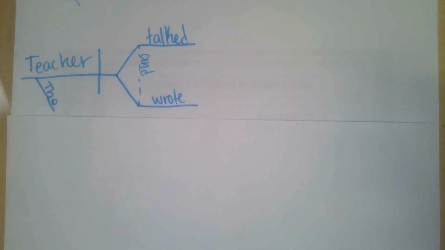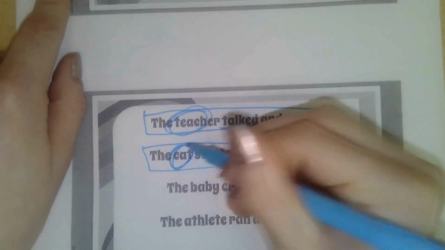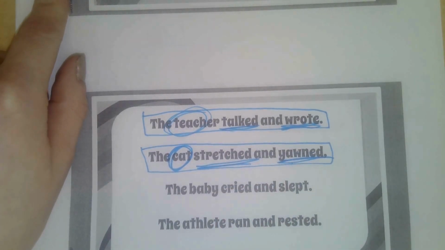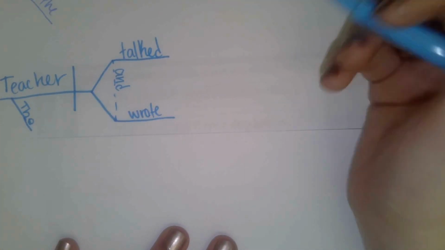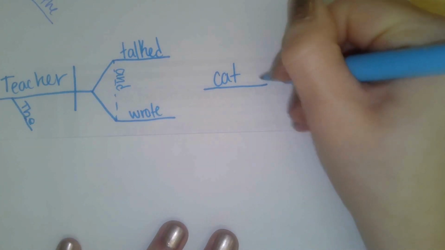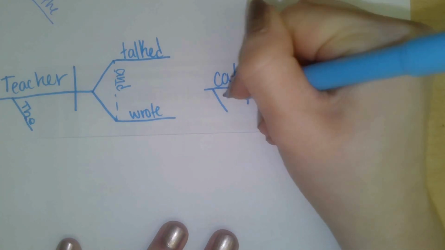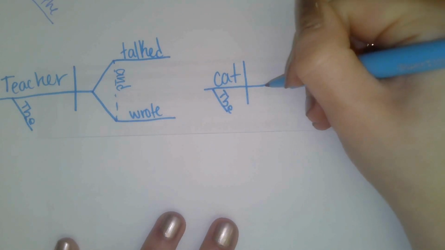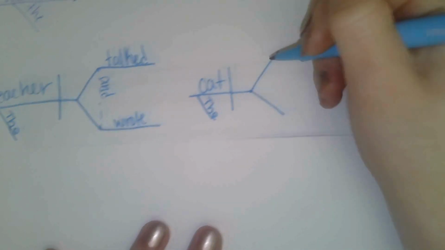Our next sentence, the cat stretched and yawned. Again, we have a single subject, one verb, two verbs. So it's going to be the same structure. We have cat is our subject because it's doing something. And it's the cat. Then we have to split off our horizontal line.